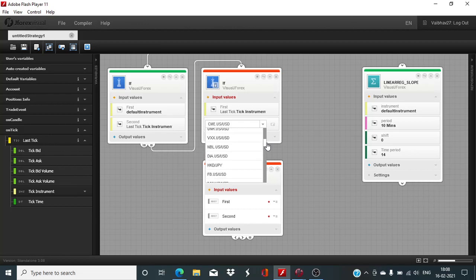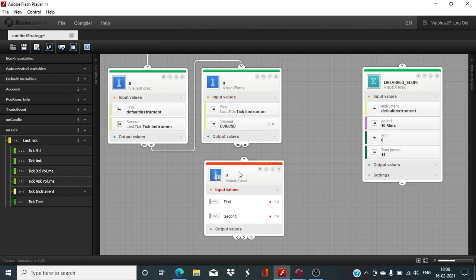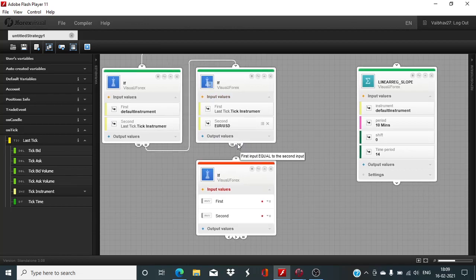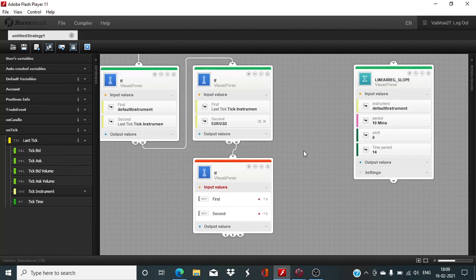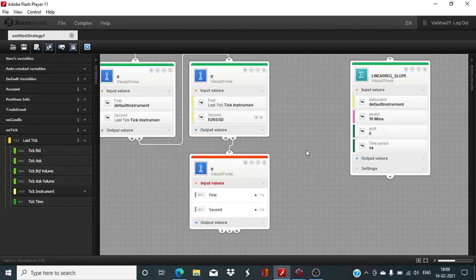Here I will have to find Euro USD. Okay, I got this. And first input equals to second input.